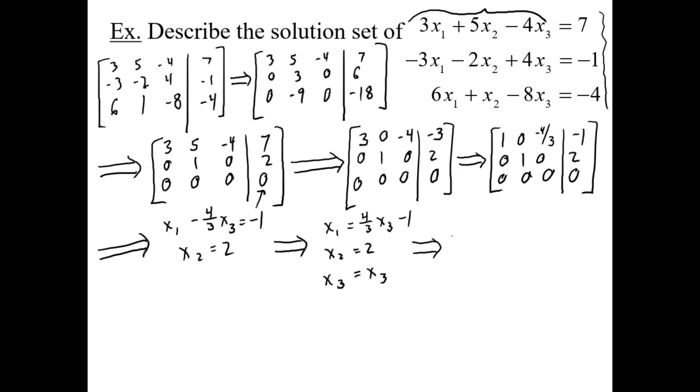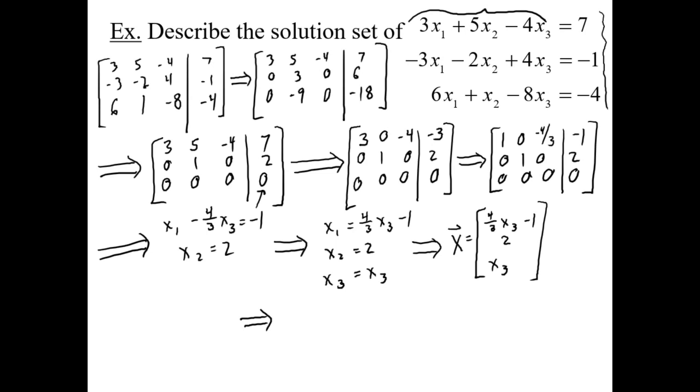Okay, if I now write my answer as a vector, we're going to get 4 thirds x3 minus 1, 2, and x3. Now, kind of like we did before, remember in the earlier example, when there were both x2s and x3s, we split up into two vectors.